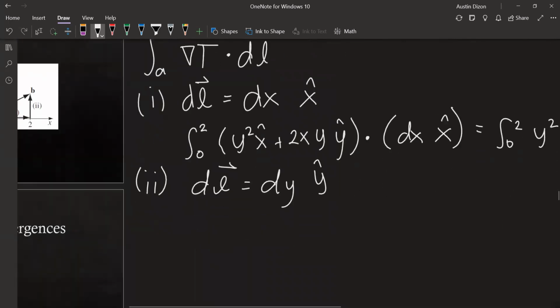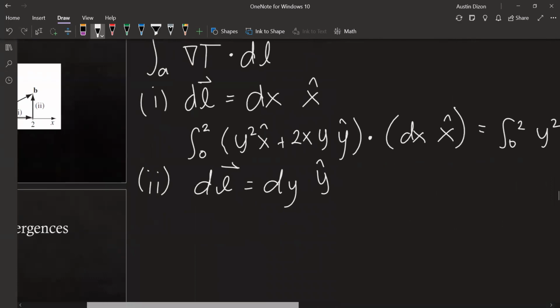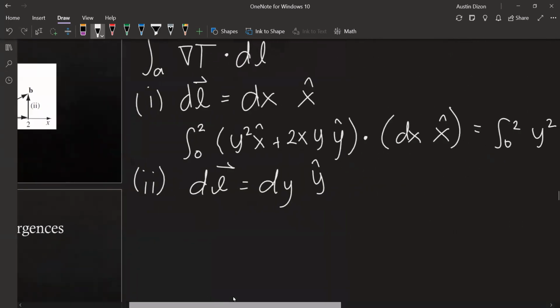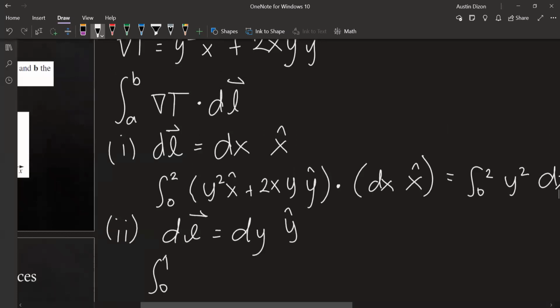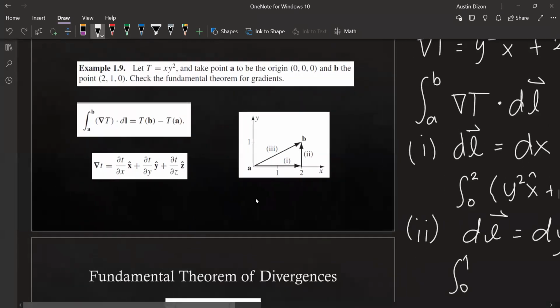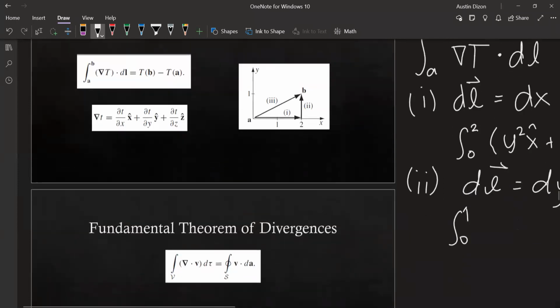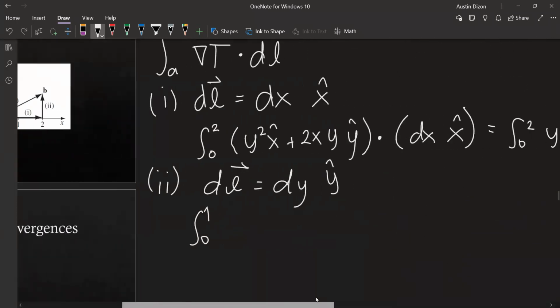Okay? And then, integral mo will run from 0 to 1. Tama ba? Oh, tama yung ginagawa natin so far.